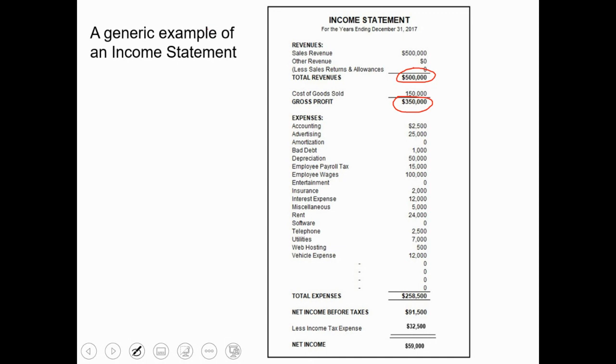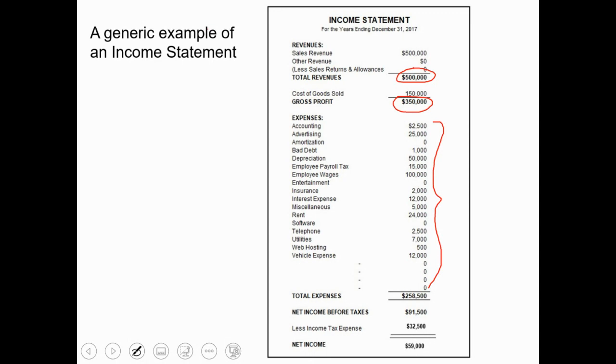And then they have their overhead expenses, and that includes all these expenses that are shown here. Okay, those are all overhead expenses. So when you add all those up, they total $258,500.